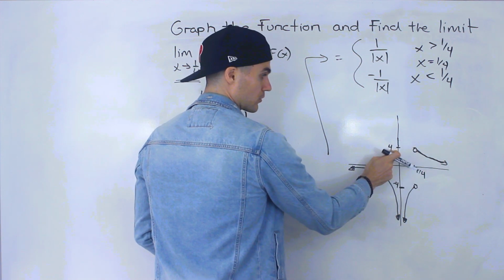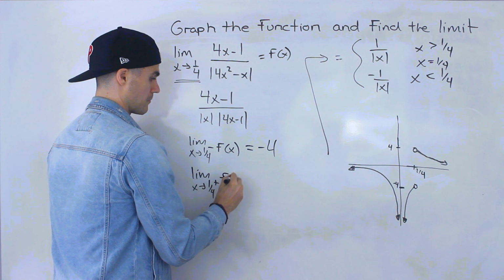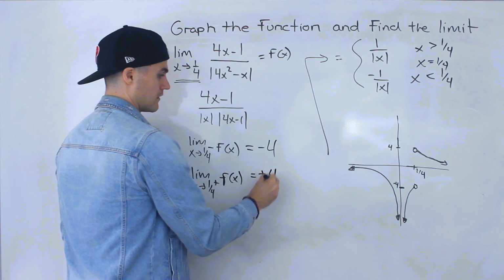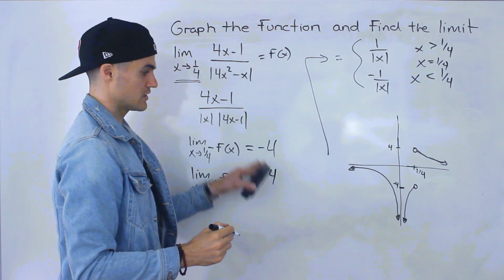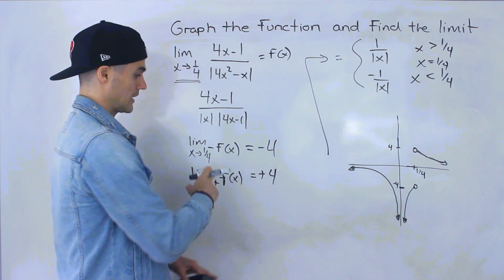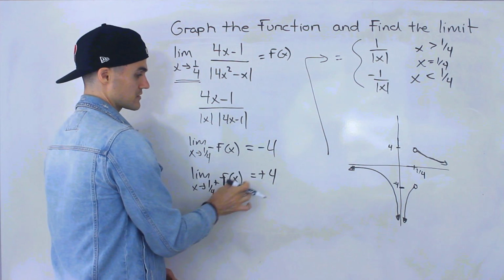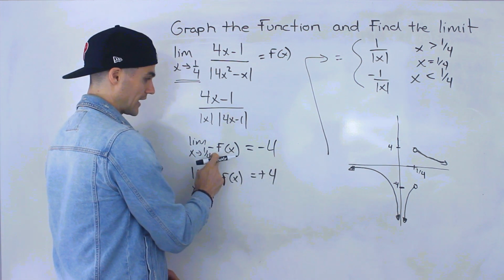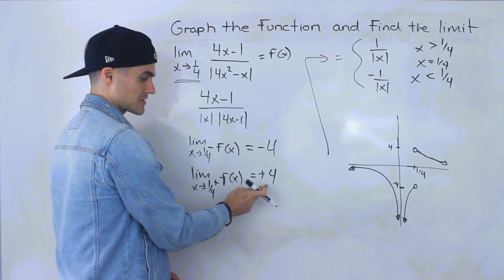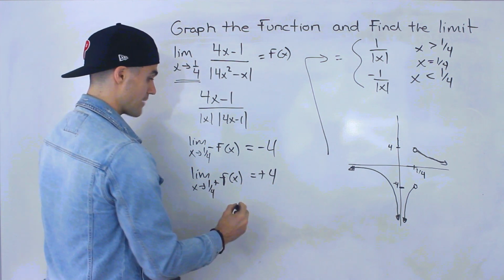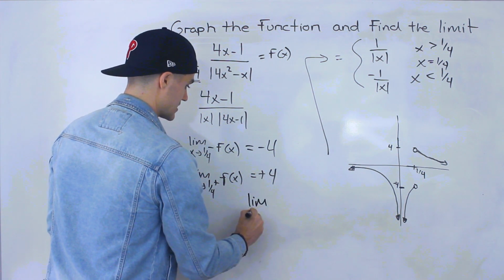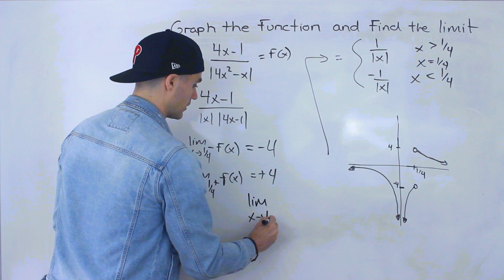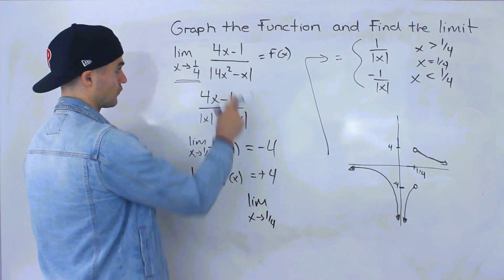The y values are approaching positive 4. And because they're approaching different y values from both sides, from the negative side it's approaching negative 4, from the positive side it's approaching positive 4.